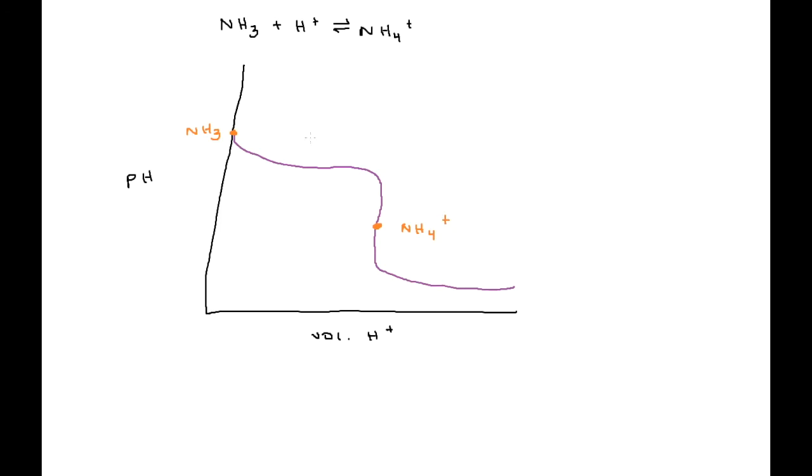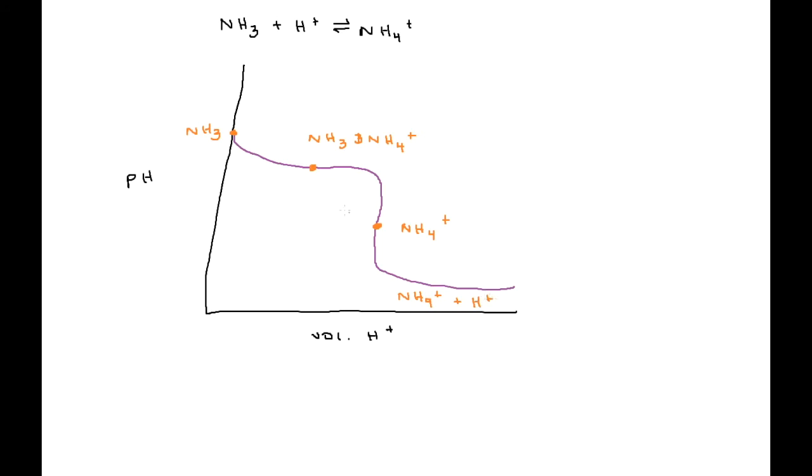Which means at my half equivalence point, I've got equal amounts of NH3 and NH4+. Past my equivalence point, NH4+ is still present and that's going to stay the same. Now that I'm adding excess, I'm going to have hydrogen ions.